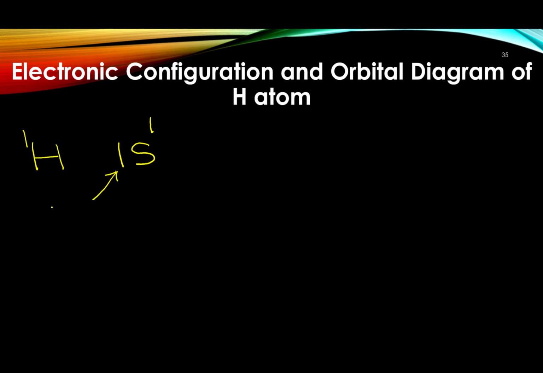The 1 is the principal energy level, the superscript 1 is the number of electrons, and s is the subshell in energy level 1. So 1s1 is the electronic configuration for hydrogen atom.